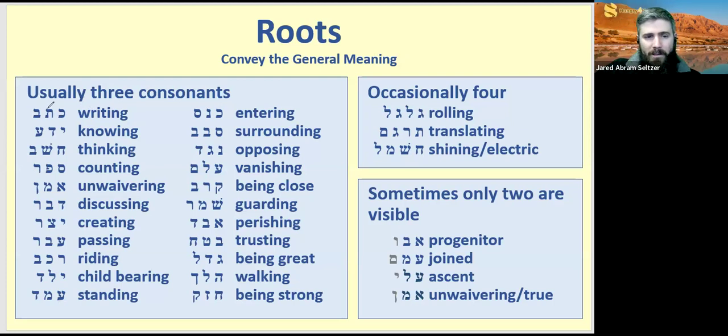Kaf, tav, and bet usually has something to do with writing or something written. Nun, gimel, dalet has to do with facing or opposing. Gimel, dalet, lamed has to do with being large or great. And chet, zayin, kuf, strong, strength. Are there always 3 consonants?